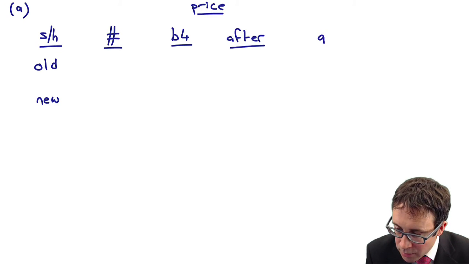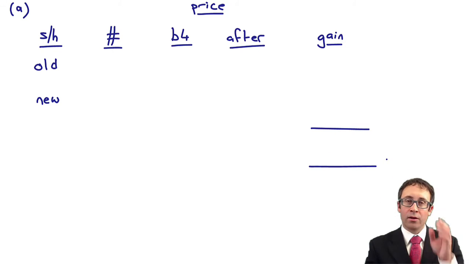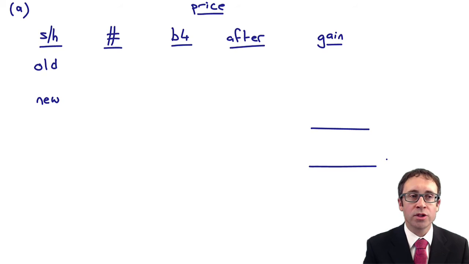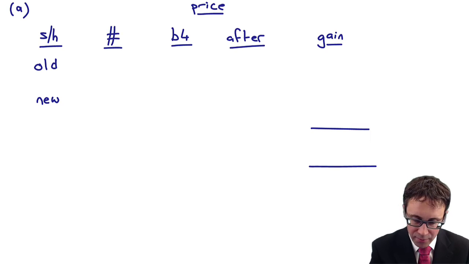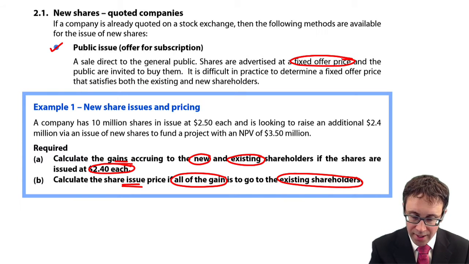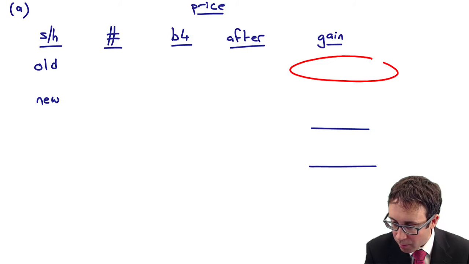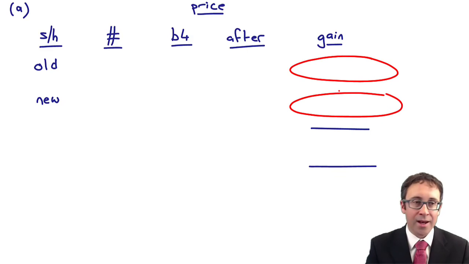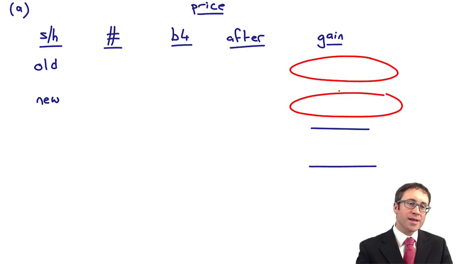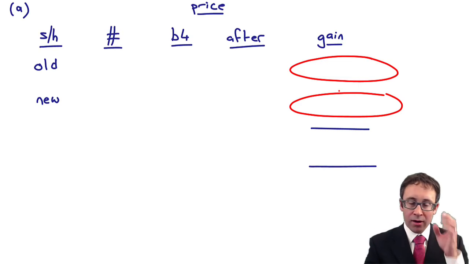And then we're going to look at the gain. So we can look at the gain in total and then look at how that is split between the old and new shareholders. Okay, and if memory serves me right, this question was asking us what are the gains to the new and existing shareholders. So the figures that we're looking for are here and here. Okay, excellent.